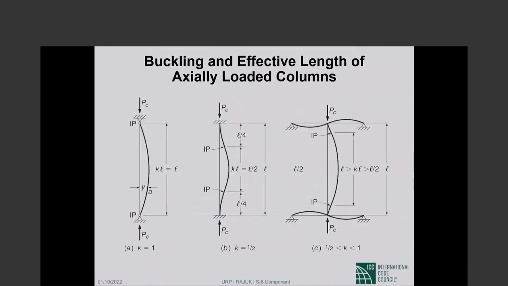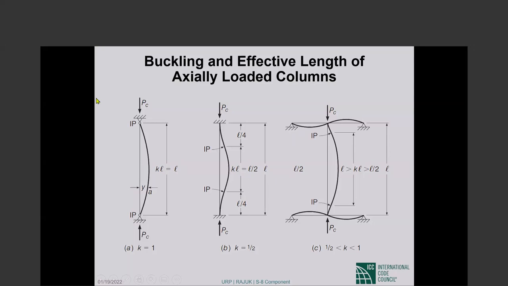Okay. The K factor, effective length factor. I thought it was good to go back to the basics. There are two pages of figures that I took from the textbook by Winter and Nilson. I have over the years gone back to this page many times because it explains things in very basic, clear terms.